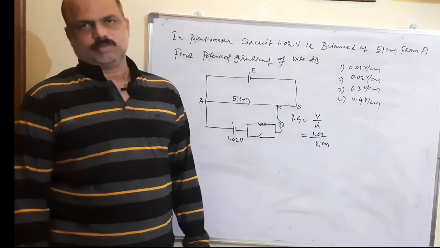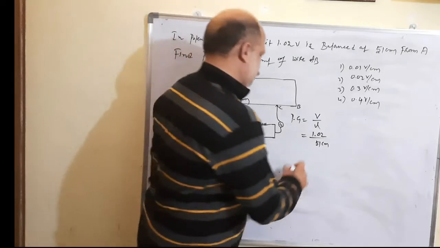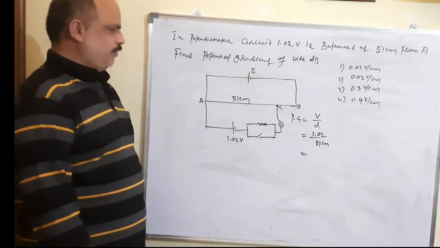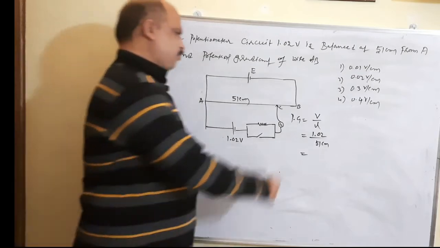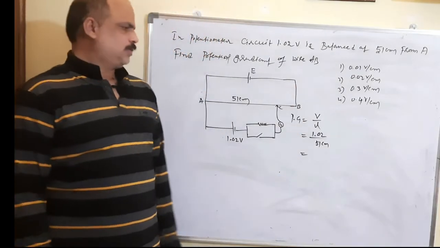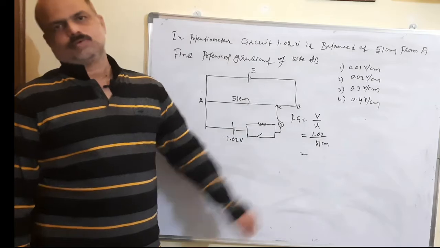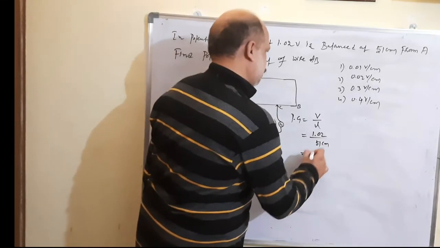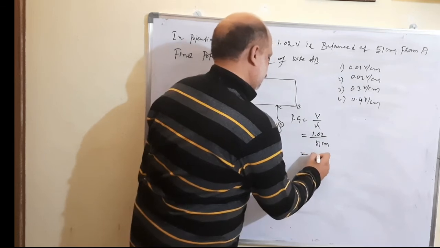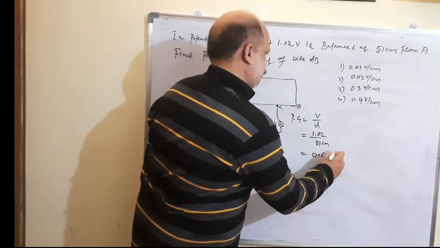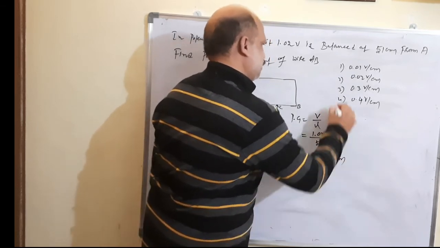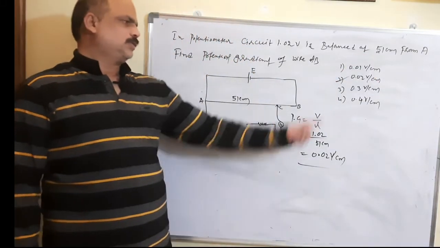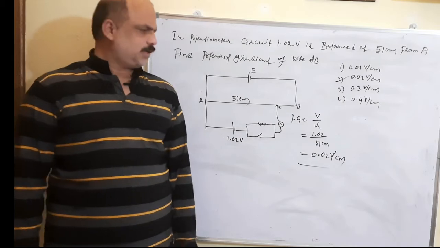By solving this problem we get the potential gradient. So 1.02 divided by 51, that means the answer is 0.02 volt per centimeter. So our answer is 0.02 volt per centimeter.